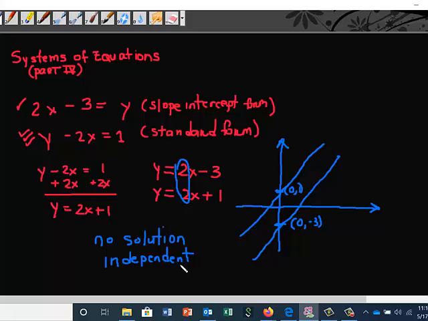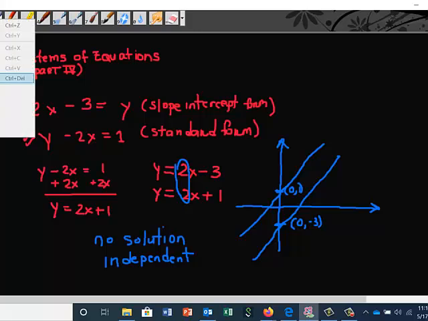So let me show you another way of doing this problem. I will clear this board here. Another way of doing this problem is to use the substitution method. 2x minus 3 is equal to y.